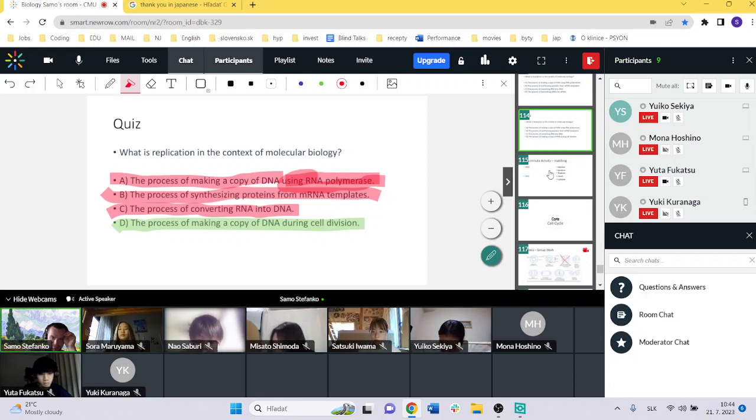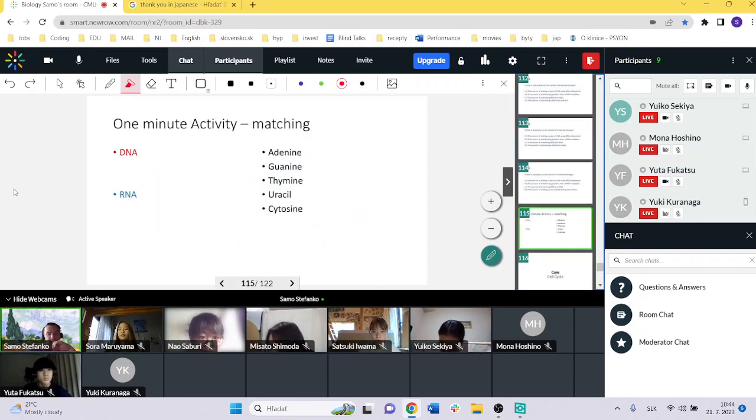Last activity. Guys, let's have 1 minute and your task is to connect those nitrogenous bases with the correct nucleic acid. Let's start. 1 minute.